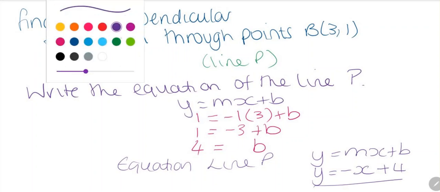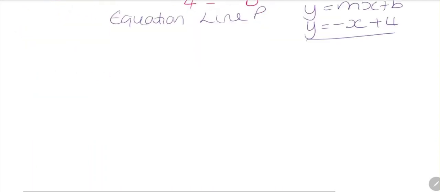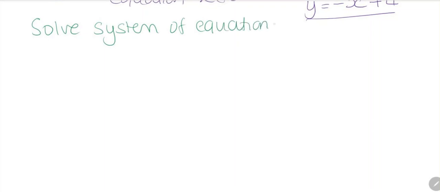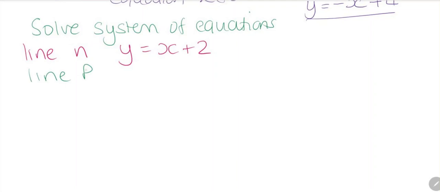So we now have two equations. So we're going to solve our system of equations to find where they intersect. So let's have a look at what we got. Line N was x plus 2, and line P we said was minus x plus 4.